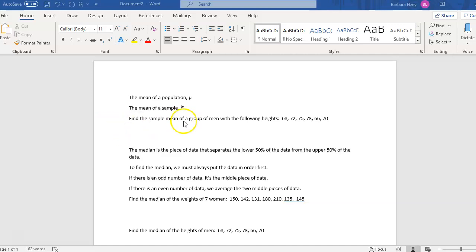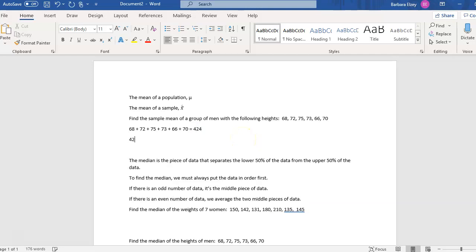So let's find the sample mean of a group of men with the following heights. So I've got 6 heights there. I'm going to add them all up. 68 plus 72 plus 75 plus 73 plus 66 plus 70. That gives me 424.